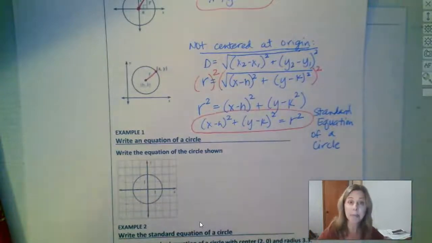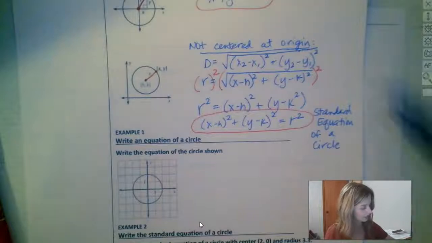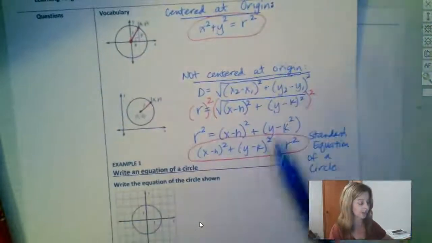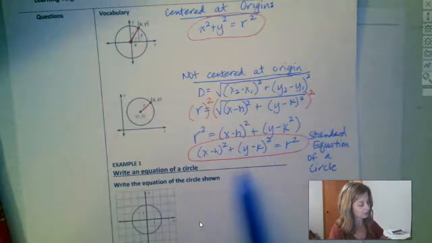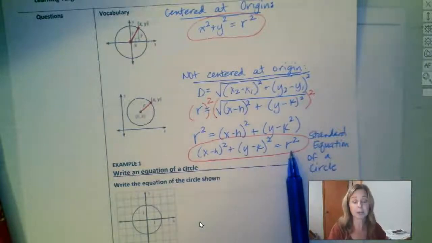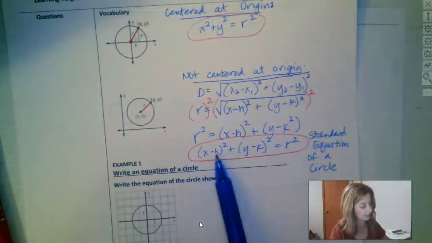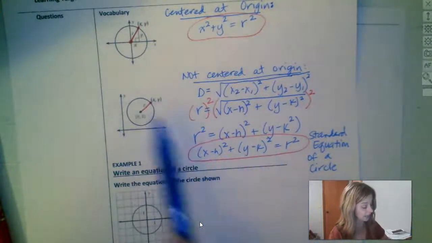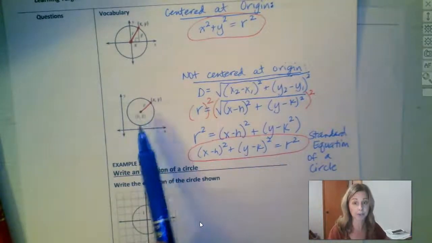So every type of a picture or a graph has a standard form. All right, now I also want you to see how, or actually let me add a little bit more to it. So when you look at this, of course r is probably more obvious, that's the radius. h and k represent the center of the circle.